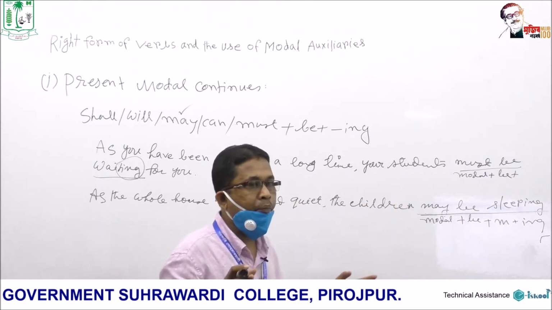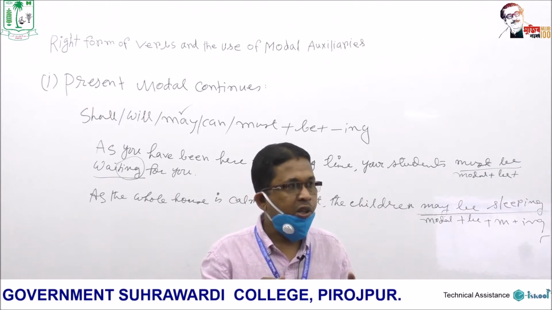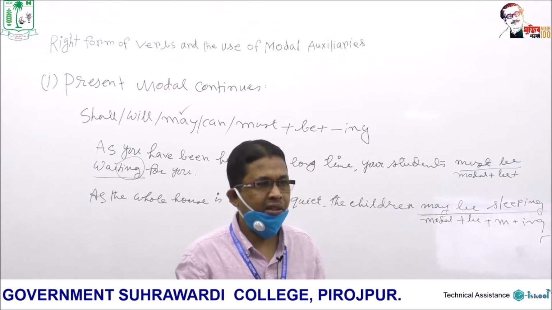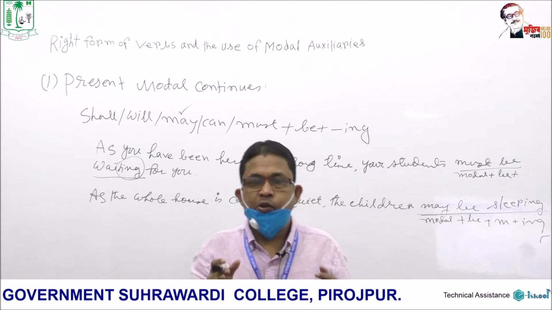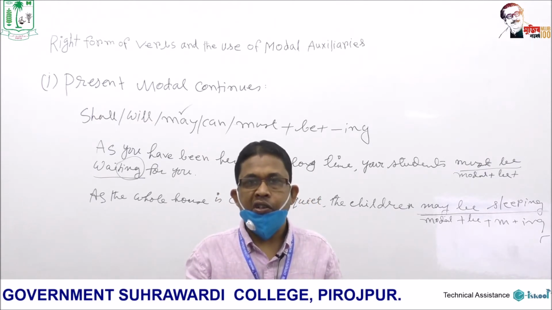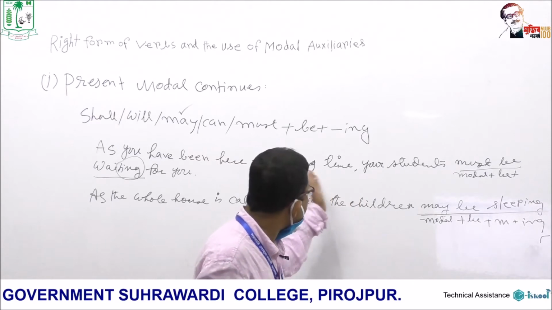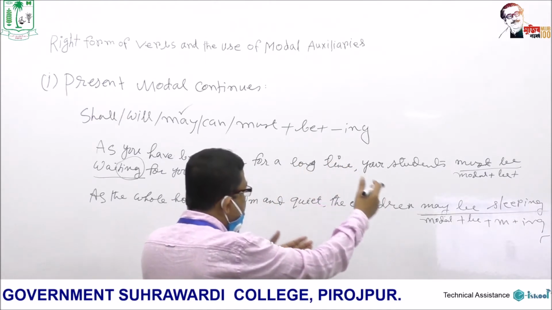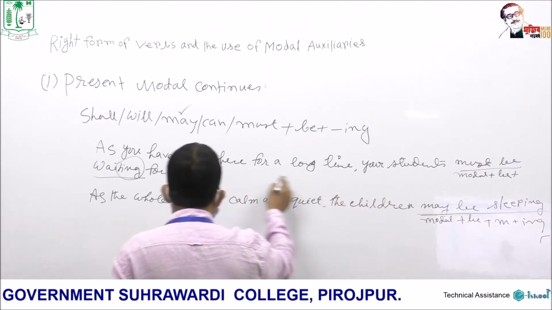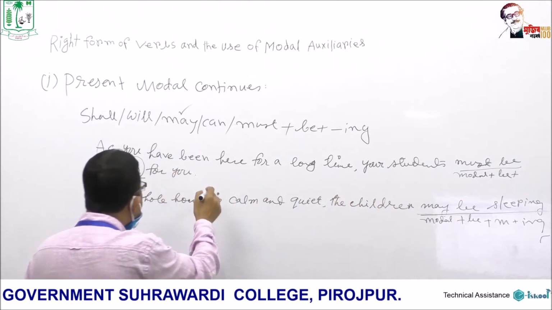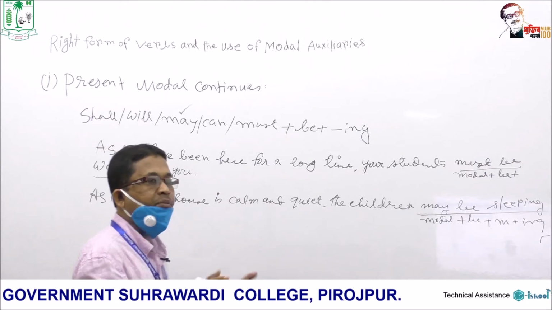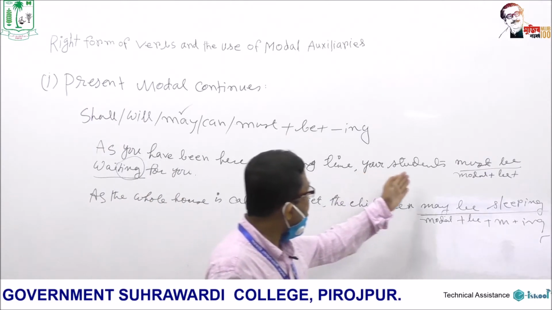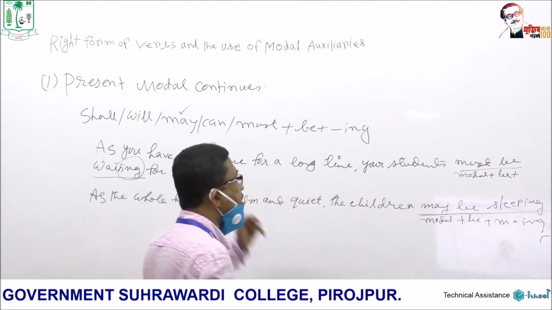What is the basis of your guess? You are making some guess here, but you have a basis for your guess. This guess is not baseless. The basis of your guess is this sentence, that yes, you have been here for a long time. So it is possible that your students must be waiting for you.